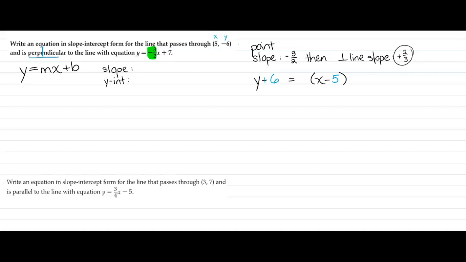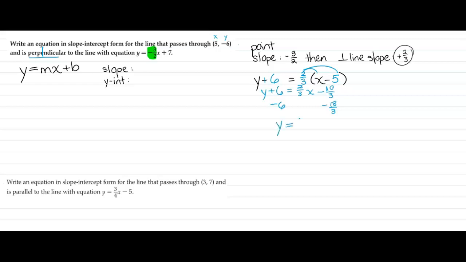Since we want it to be perpendicular, that is our slope. Now remember, they want it in slope-intercept form, so we need to distribute. And we need to subtract 6 from both sides. I'm going to write 18/3 so that I don't have to get my calculator out. That's the same thing as -6, if you recall.